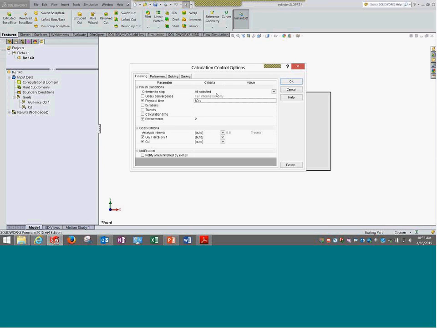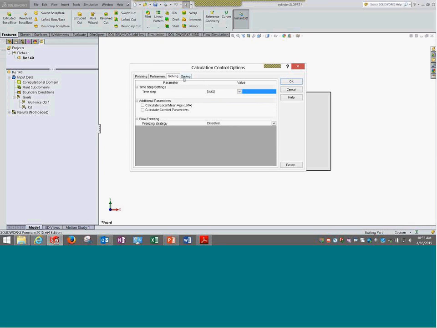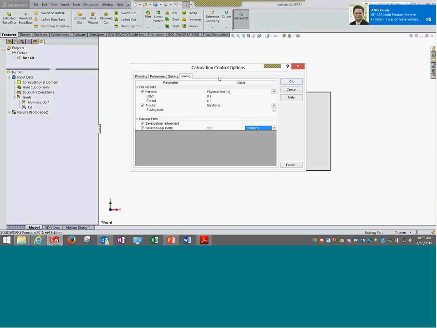In terms of goals, all are satisfied, has been selected. Any important thing? Auto freezing, disabled strategy, savings. We are saying it is solving for 80 seconds, but it will save the iterations at every 4 seconds.